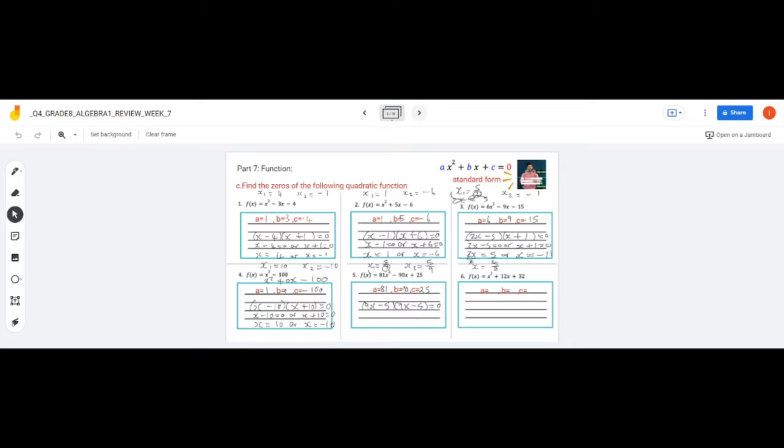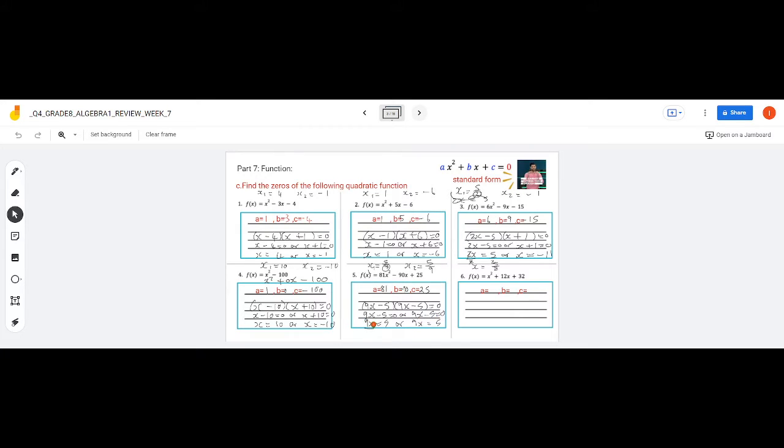And now we can just say 9x minus 5 equals to 0, or 9x minus 5 equals to 0. So now we have 9x equals to 5, or 9x equals to 5.